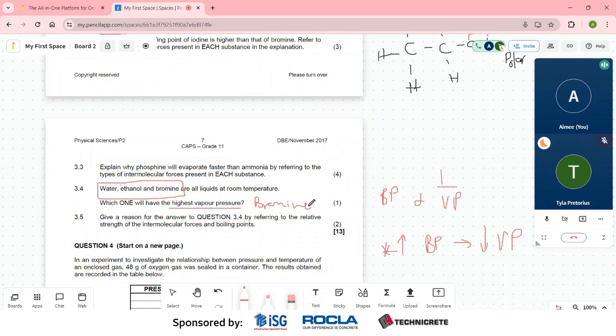Because remember, vapor pressure describes the tendency of a substance to change from a liquid to a gas at that microscopic section where the top of your liquid reaches the atmosphere. Where your liquid is in contact with the atmosphere, there are constantly molecules changing from gas back into liquid and from liquid back into gas.